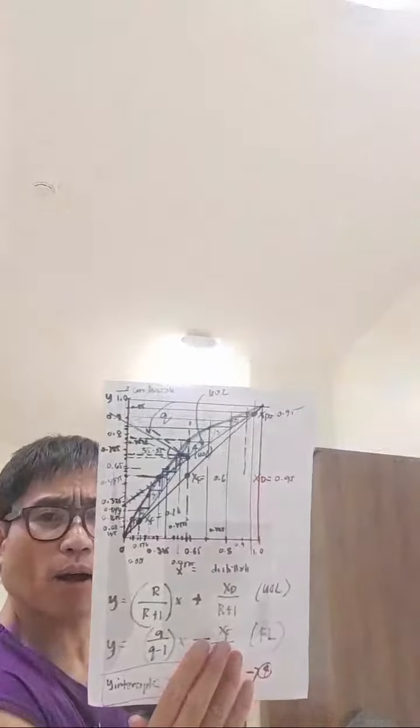And then here, nine stages. I will mark clearly so you can understand that. So 1, 2, 3, 4, 5, 6, 7, 8, 9. Nine theoretical plates, guys, needed for this problem.